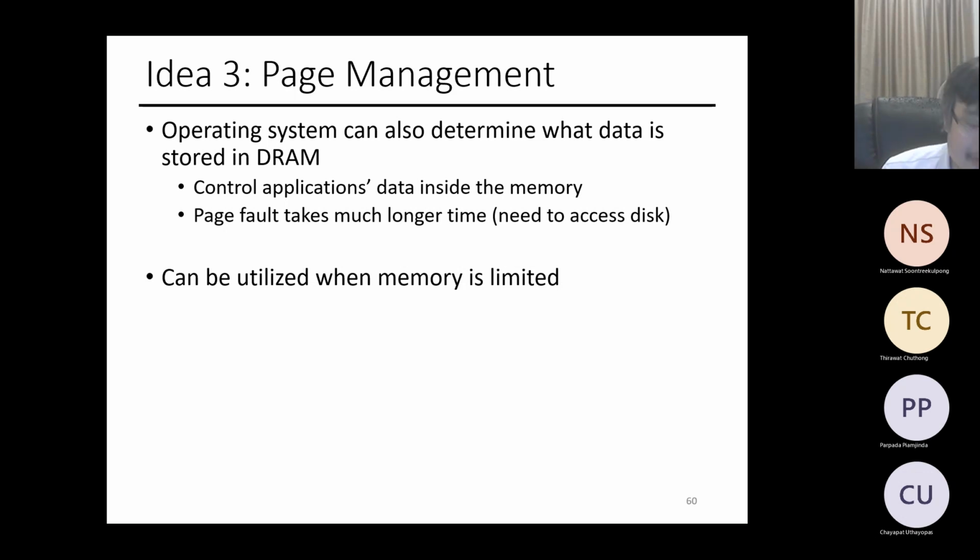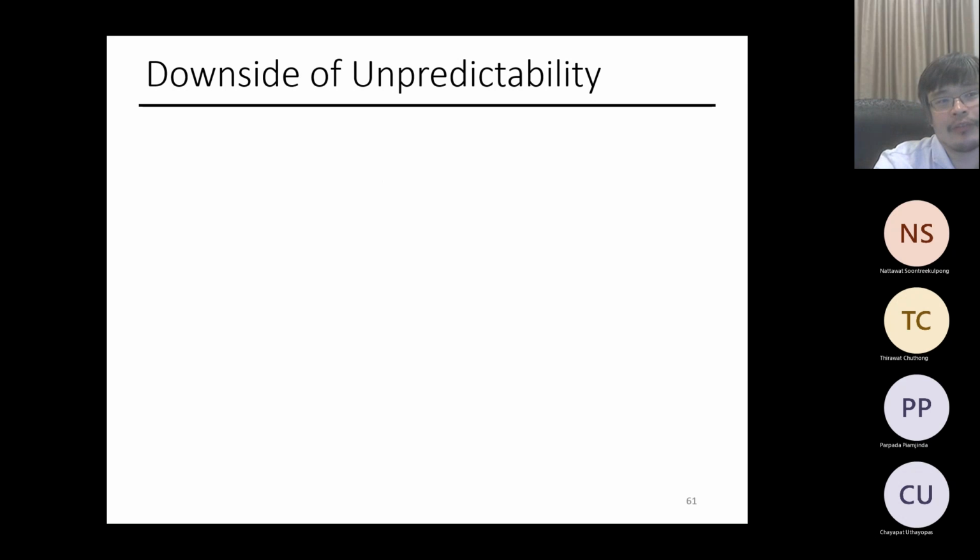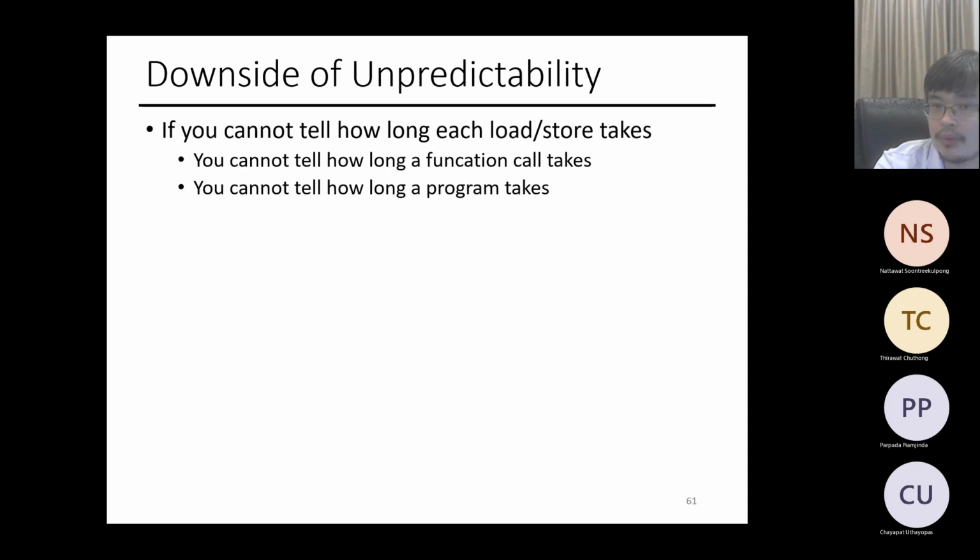The other thing is sometimes you have unpredictability of how much time it takes to access your data, because sometimes you cannot tell how long each load or store will take, right? Which means that if you cannot tell how long each load and store takes, you cannot tell how long a function call would take. It means also you can't tell how long a program would take.